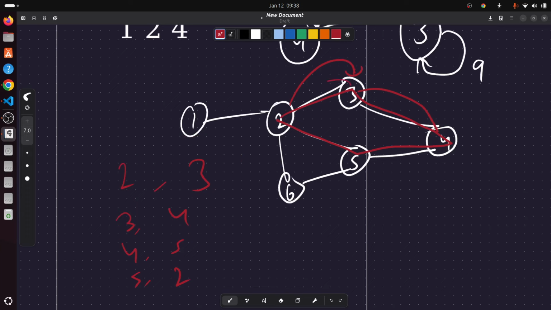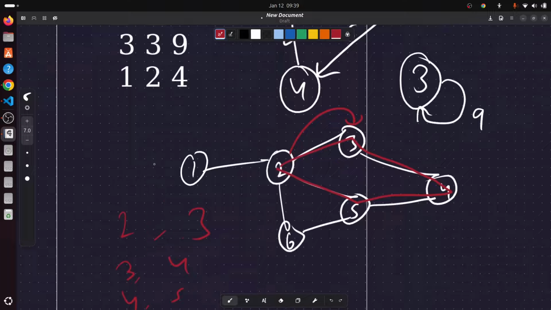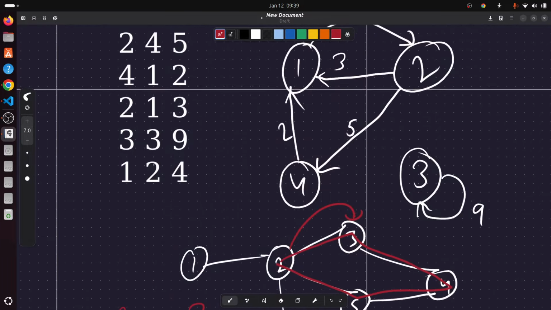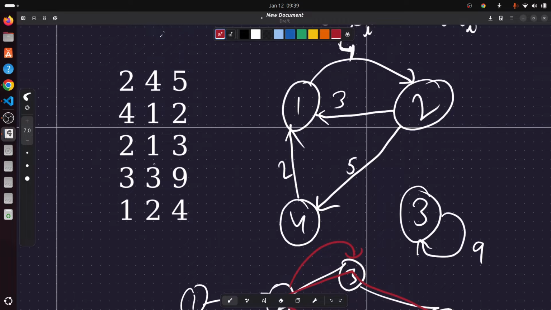So for any cycle in the graph, any path which starts and ends at the same node, it will have the same number of entries and exits for each node. That is what we want in our problem, right? And that is the idea of this problem, that we can boil this down into a graph problem, and we can just solve it then, right?